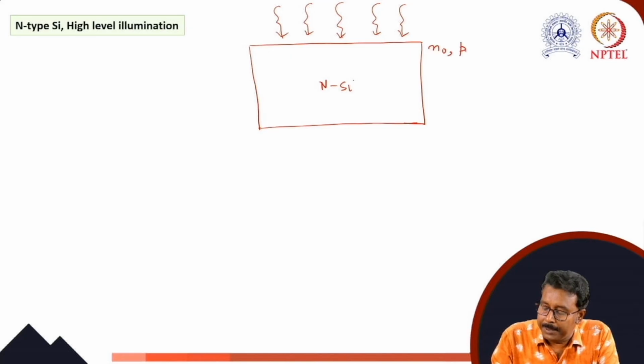So N0 and P0 are the carrier concentrations before illumination.